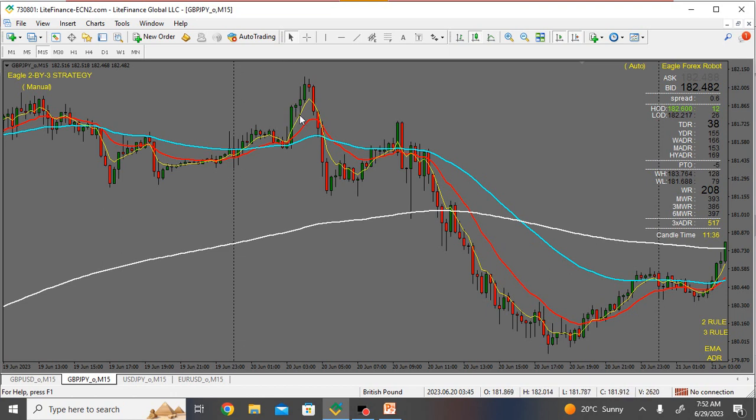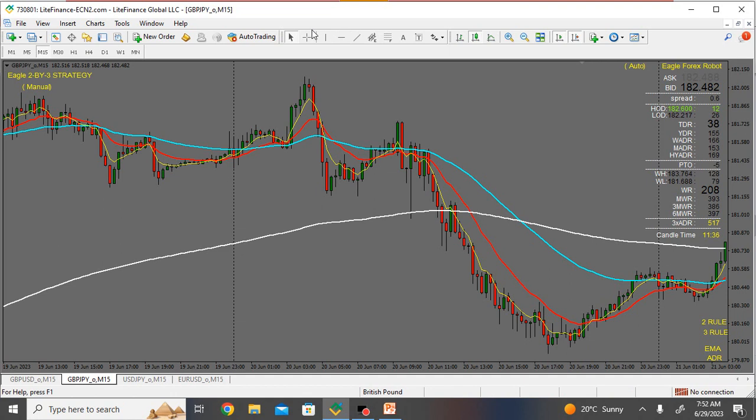So this is not a rule. That's why it tried to make an uptrend, but it changed to a downtrend. So this is the first candle, this is the second candle, this is the third candle. So the low was qualified to sell this pair.